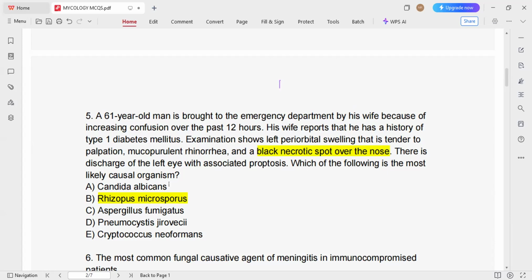Another one, in children, there's a specific rash it causes: diaper rash. When you're changing the diaper, you see a certain type of rash, and that can be due to Candida albicans.